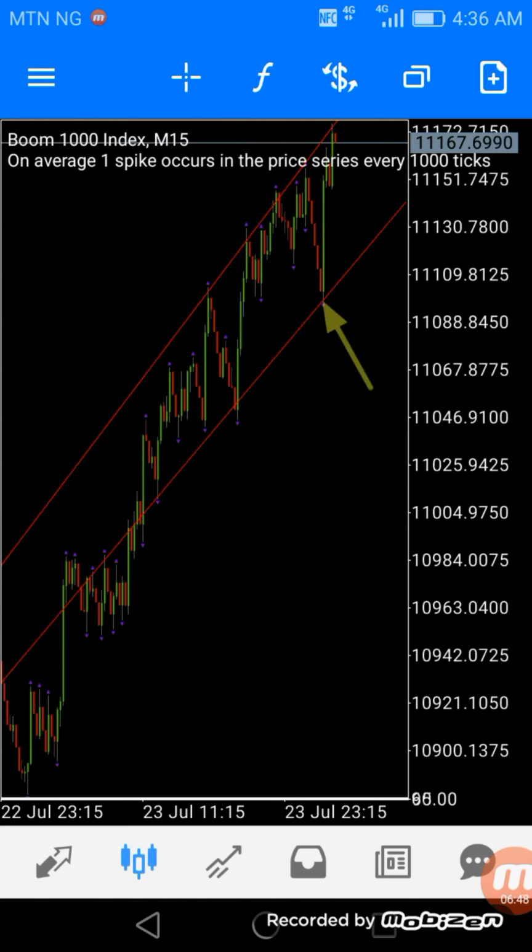Okay, and it was rejected. It bounces up and then goes up again, and it's bouncing off the trend line at the upside, and it's definitely going to come down.